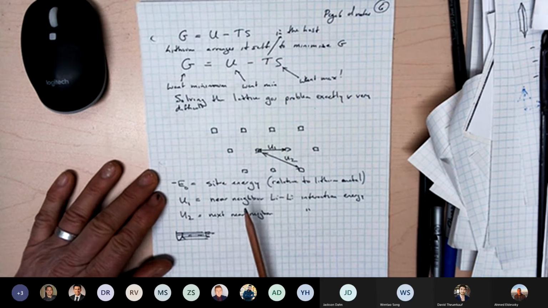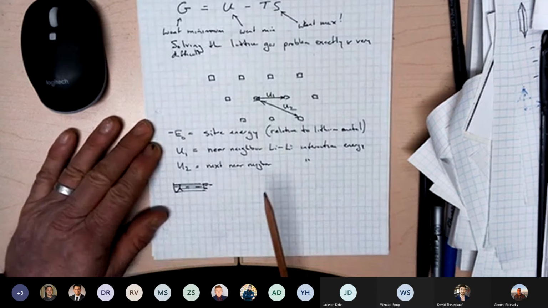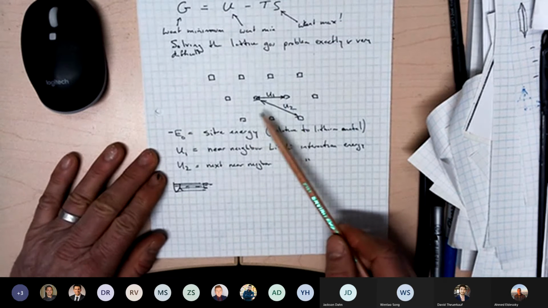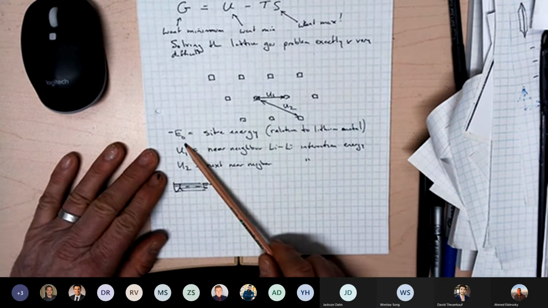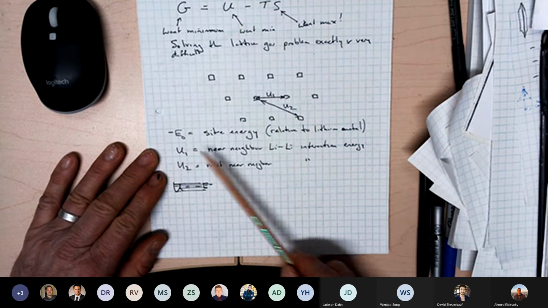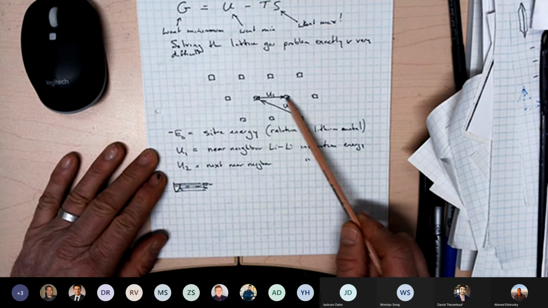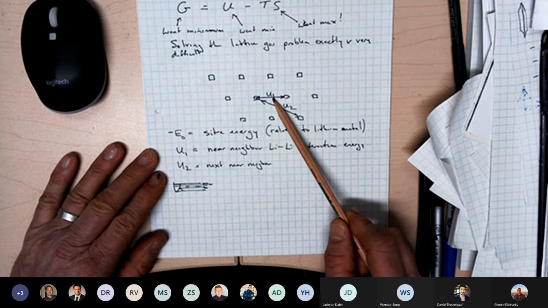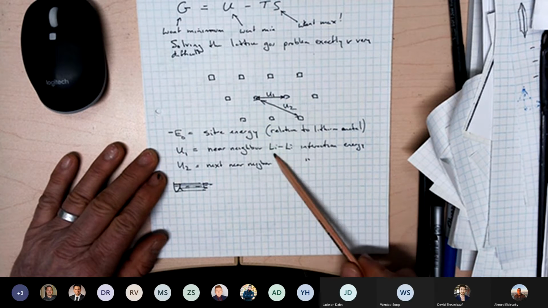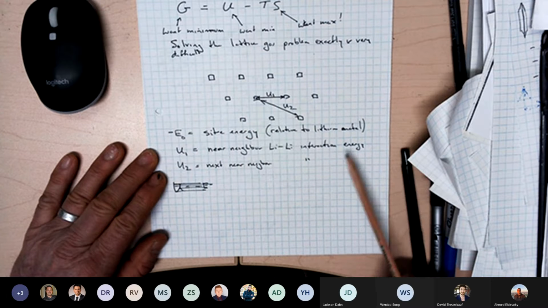So what we do is we define, in addition to the site energy, which we've already talked about, interaction energies. A lithium atom interacts with another one in the next neighbor site with an energy called U1. That's called the near neighbor lithium interaction energy.